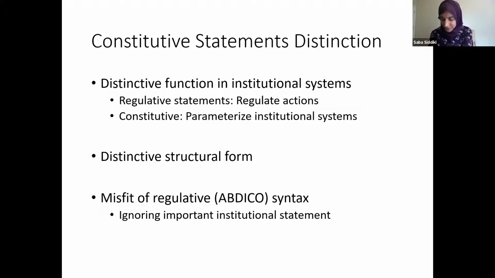And we summarize this distinction in the following way: regulative statements, just as they sound, are regulating actions, where constitutive statements are actually parameterizing institutional systems through various sorts of constitutive or constituting functions: ascription, definition, application, things of this nature. So we've called out these functional differences between these different types of statements.